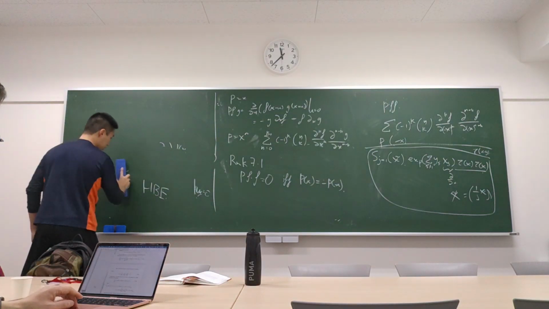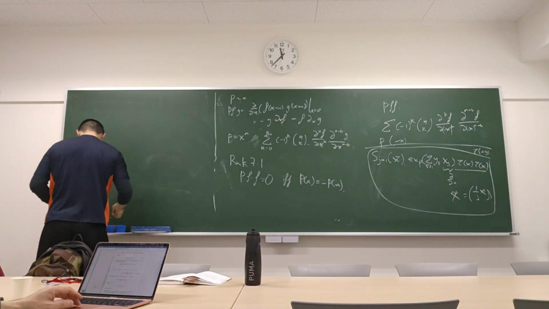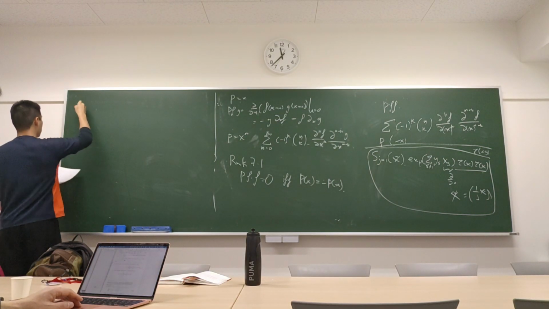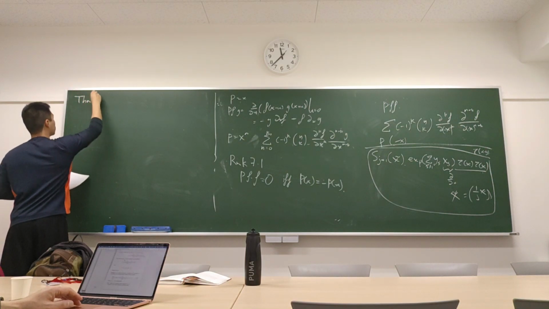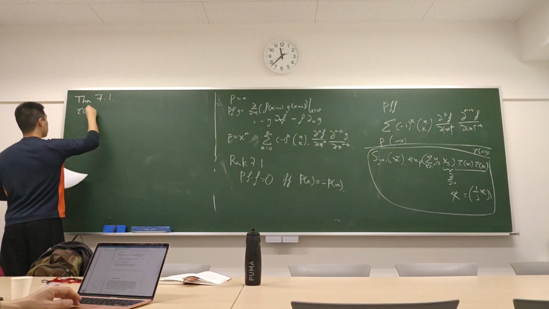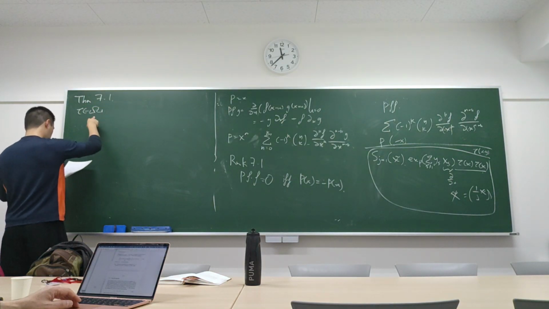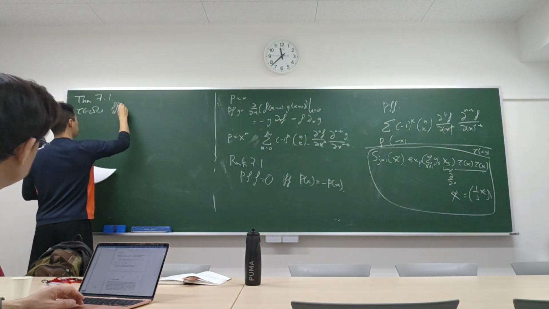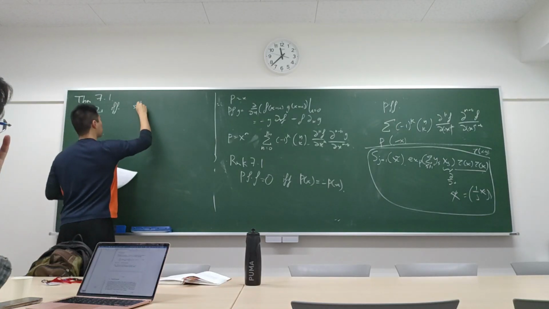So we'll write the result as a theorem. Now this tau is an element of this if it is a solution.